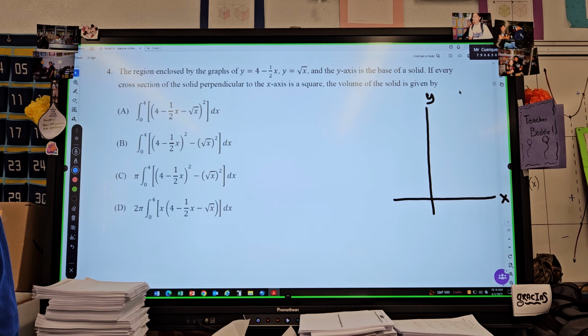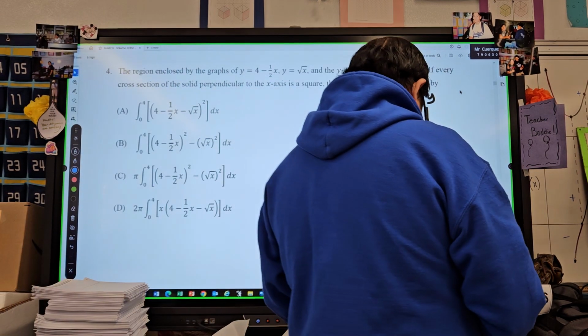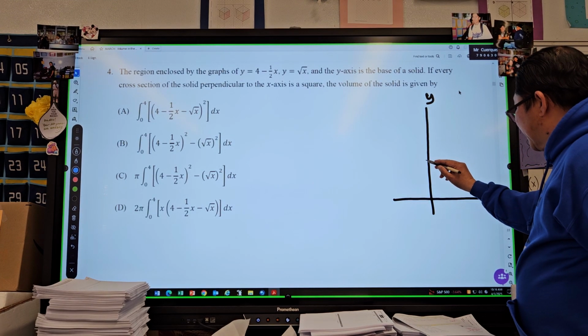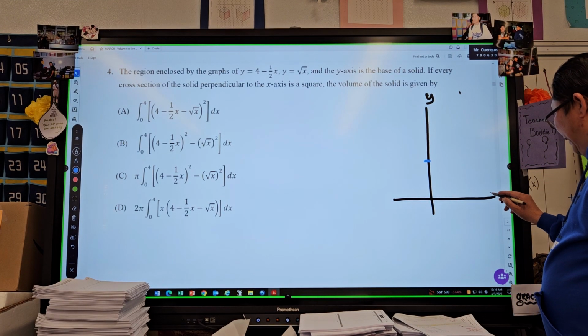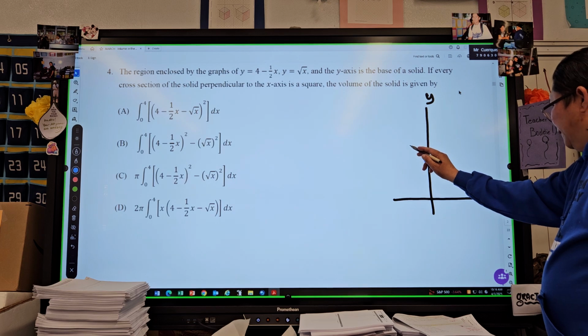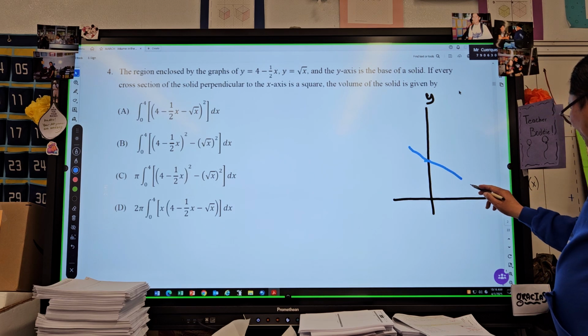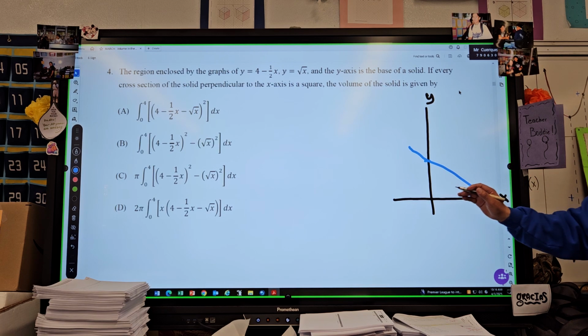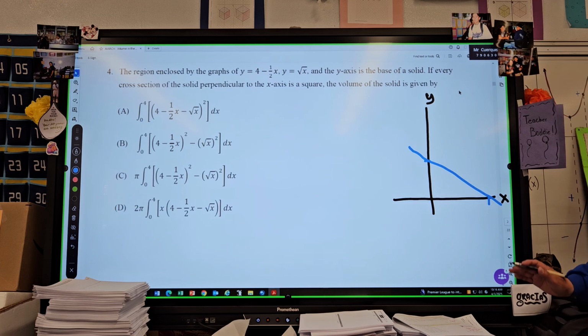Intercept at 4. You get me? And then the intercept is 4, and then you have this. So this is the line. I hope I can justify a straight line, but assume that this is a straight line, the blue color.